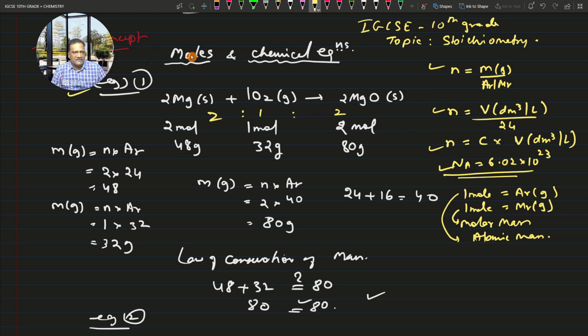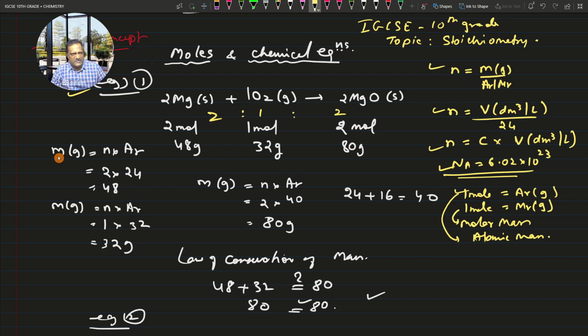Now in this particular example, the question is about 2 moles of magnesium. Now what is 1 mole of magnesium? Here you will have to use that 1 mole is equal to Ar in grams.